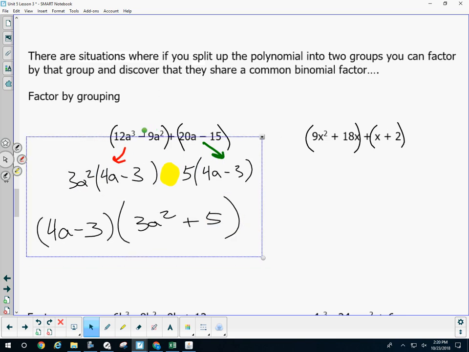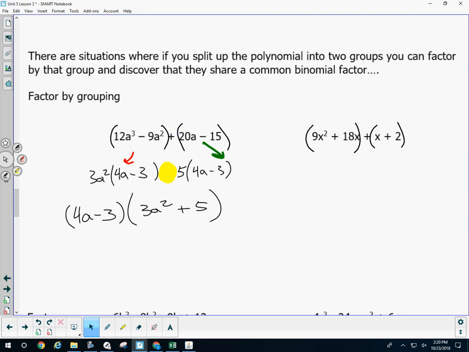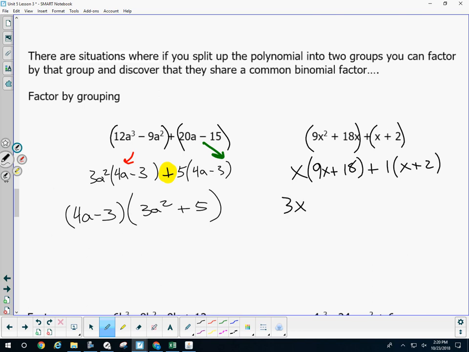There's an imaginary plus 1 right there. Now let's just say I factor out an x. Or, yeah, let's just start with an x. I get 9x plus 18. And I can't pull out anything from the x plus 2, but because of that, I'm going to put a 1 there. Now I see 9x plus 18, x plus 2, not the same thing. Oh, maybe I need to pull out a 3 as well. So I pull out a 3.